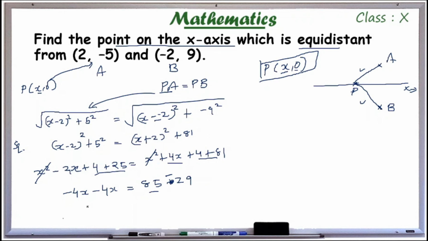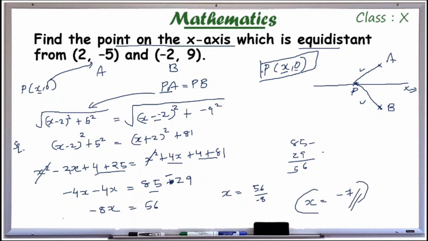So minus 8x is equal to 85 minus 29, which is equal to 56. So I get x is equal to 56 by minus 8, which is x is equal to minus 7. So minus 7 is the answer. We get the x point as minus 7.